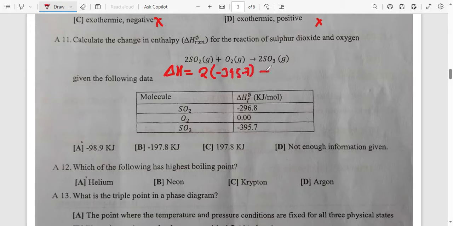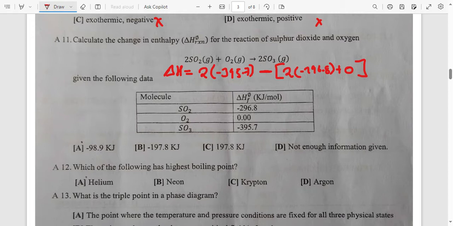The answer that you get, subtract the sum of the enthalpies on the reactant side. You have got 2 sulfur dioxide and each is negative 296.8, and then plus you have got oxygen. Every time you're talking about a diatomic gas or a pure element, its enthalpy is 0.